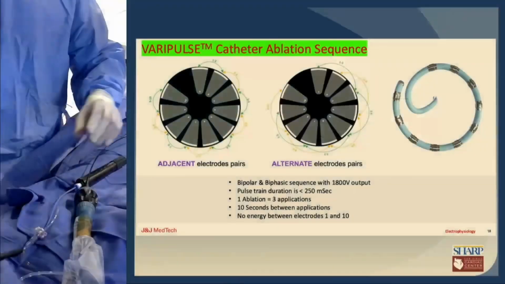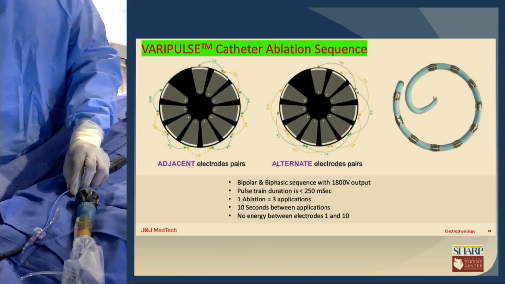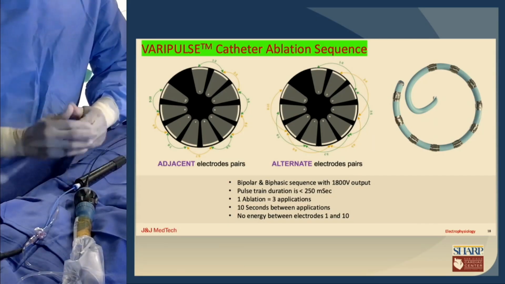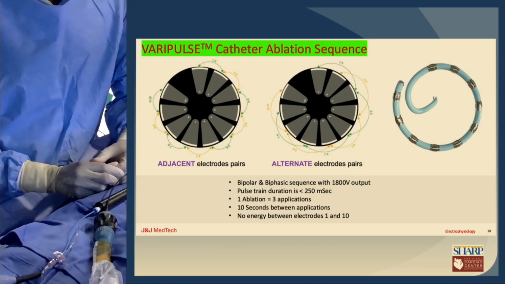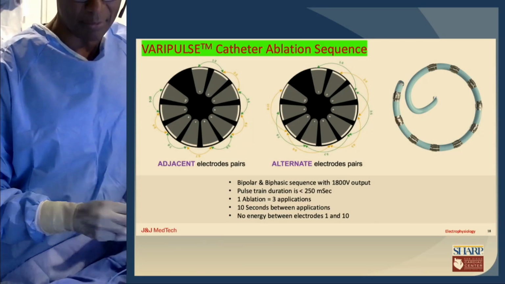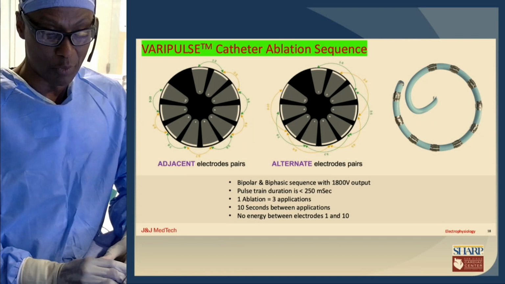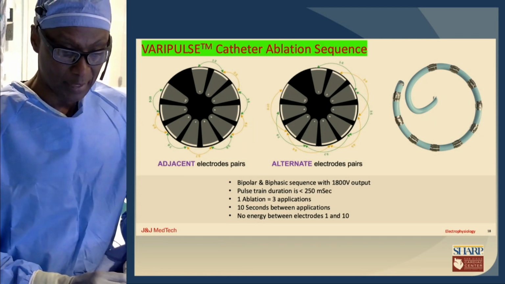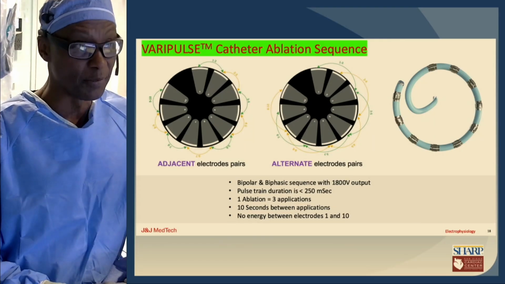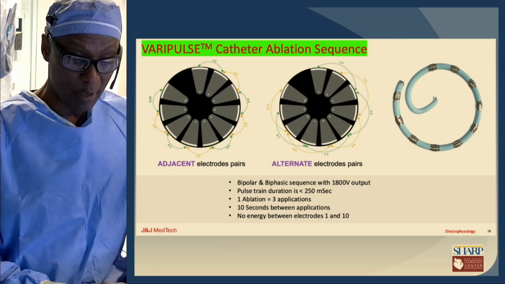A couple of things about PFA delivery. As you can see here, there are 10 poles, and the delivery is between adjacent poles. And we also have delivery by skipping each pole, 1 to 3 and 2 to 4, which allows deeper lesions. Bipolar biphasic sequence with an 1800 volt output.